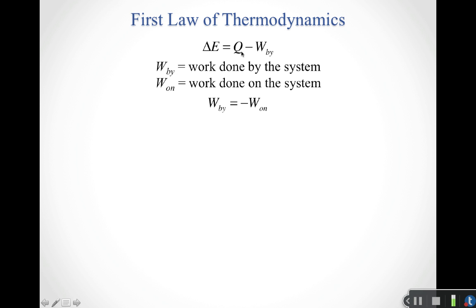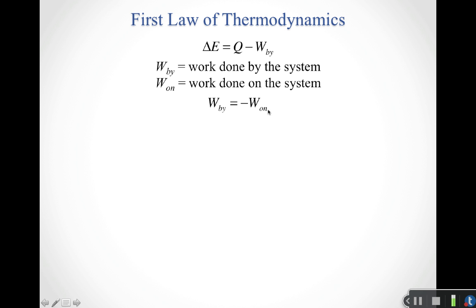So your book's equation is actually the change in energy is equal to Q plus the work on. And so it just says you can add energy to a system as heat, or you can add energy to a system by doing work on it. Effectively, they're telling you the same thing because those two works relate very simply. So the work done by the system is equal to negative the work done on it.